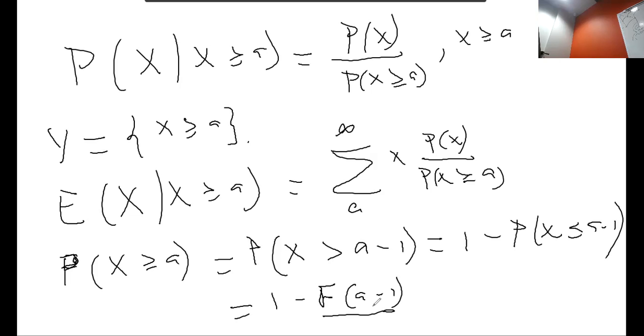Look, we are looking for P of X greater than or equal to a, which is P of X greater than a minus 1. So you have a, you can change it to a minus 1. You have it? Okay, so this is P of X greater than or equal to a that you have here: 1 minus q to the a minus 1.